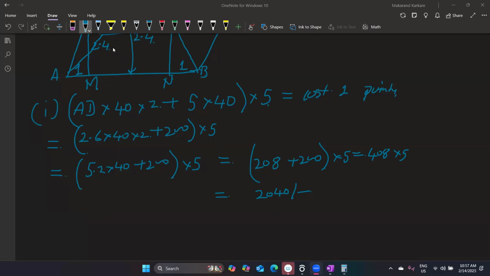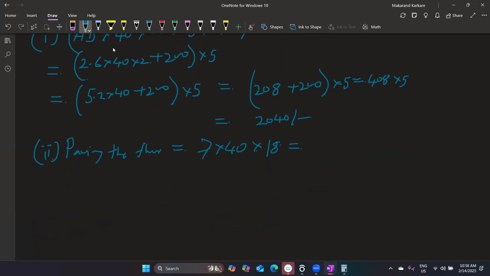And as far as paving the floor, it is going to be only the bottom. So the width of AB they have given as 7 and the length is 40 and the cost is 18 per. Correct, Advait?